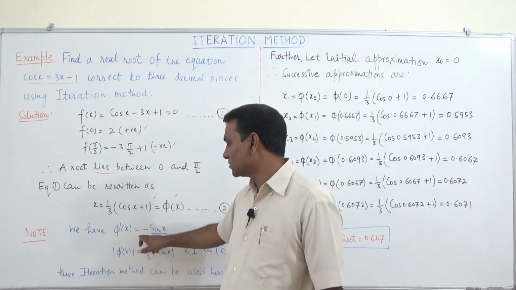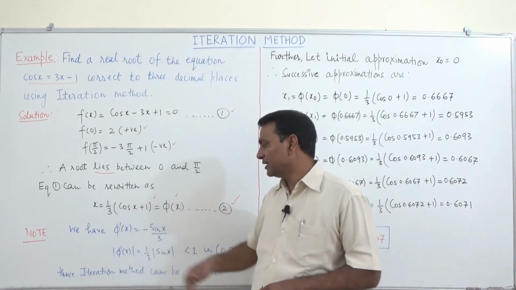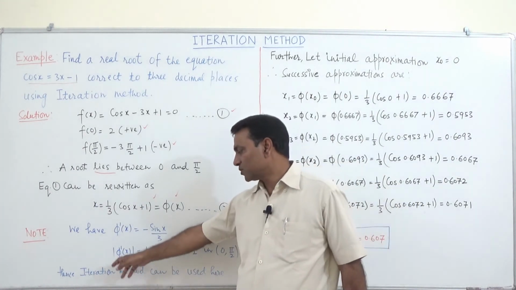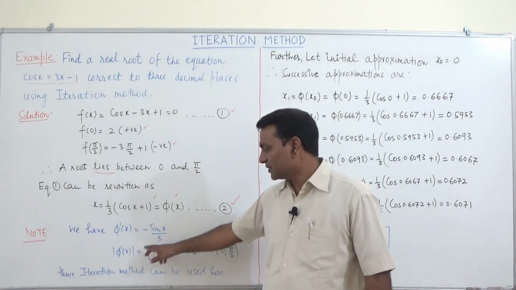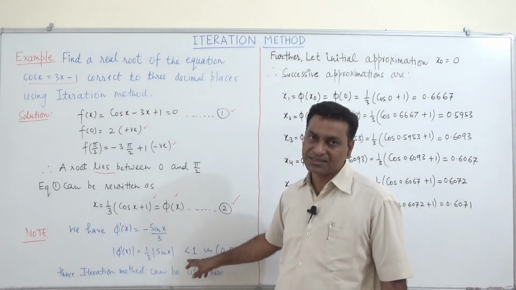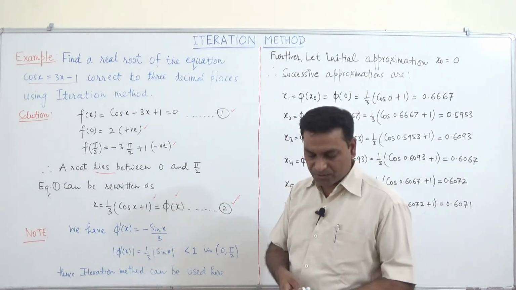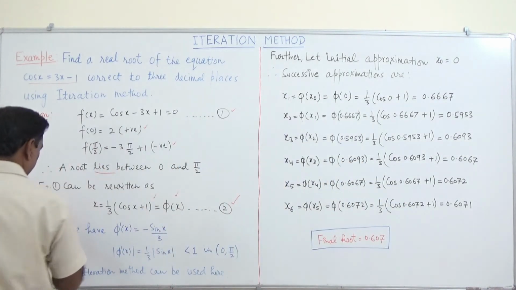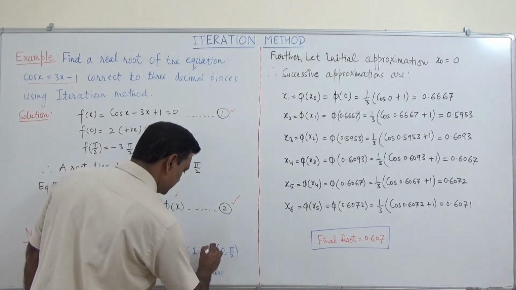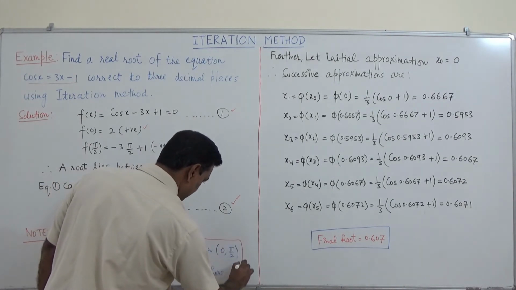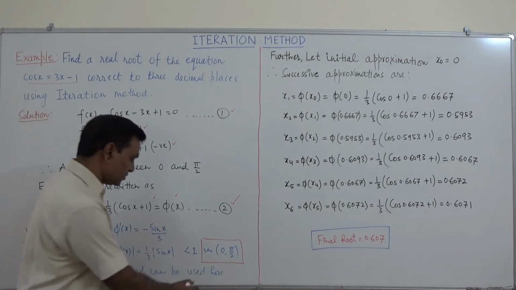So phi dash x = -sin x / 3. The absolute value of phi dash x, which is (1/3) sin x, comes out to be less than 1. So we can say the root lies between 0 and pi/2. This is a very important point. It means the root lies in this interval, hence the iteration method can be used.